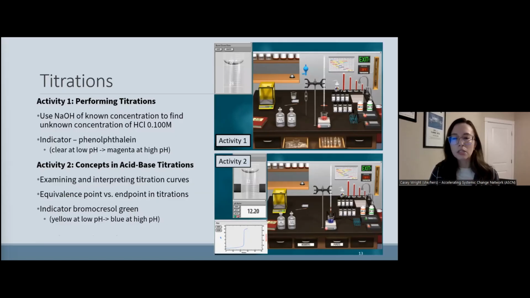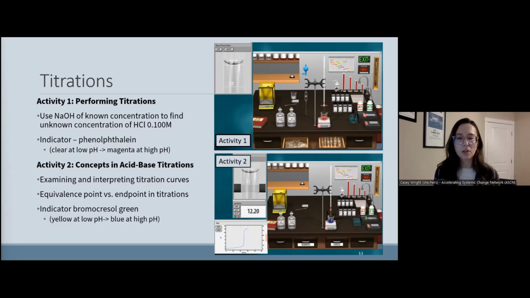In the first activity, students used a phenolphthalein indicator to do colorimetric titration. As a reminder, phenolphthalein is clear at low pHs, and then it turns pink and then magenta as we get over a pH of 7. And then in the second experiment, students were comparing colorimetric titrations with potentiometric titrations.